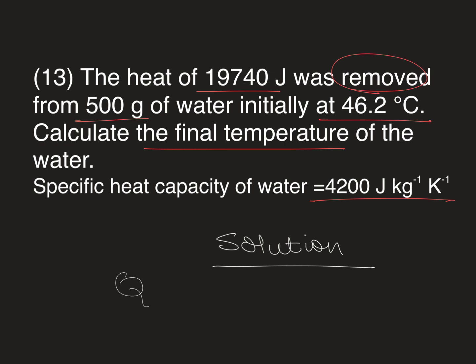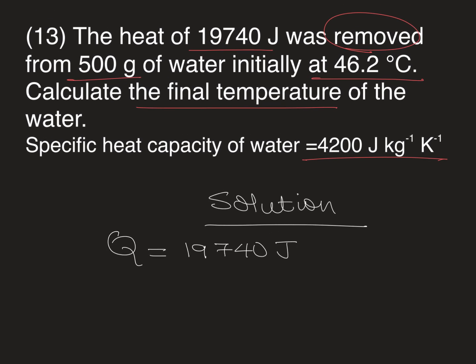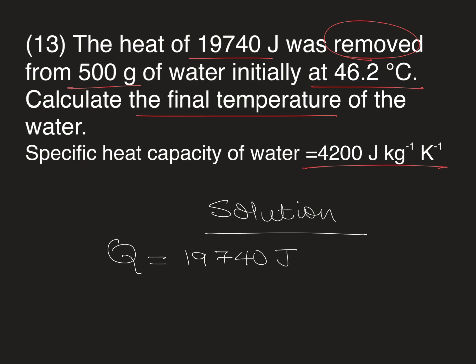The quantity of heat is 19,740 joules. So that was the heat that was removed from 500 grams of water. So the mass of water is 500 grams, which is the same as 0.5 kilograms.